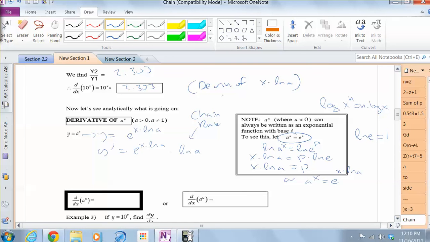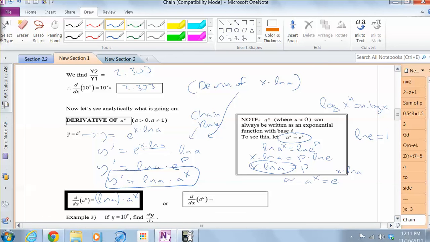So I have natural log of a times e to the x ln a. Now, because p equals x ln a, I could substitute for x ln a and put p in its place. And because e to the p equals a to the x, our derivative of a to the x is just natural log of a times a to the x. So natural log of a, in parentheses if you like, times a to the x. That'll be the derivative of any base raised to the x power.